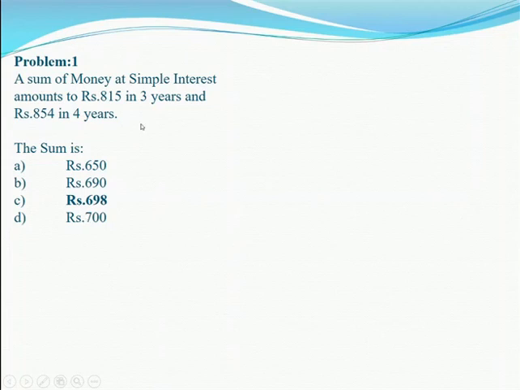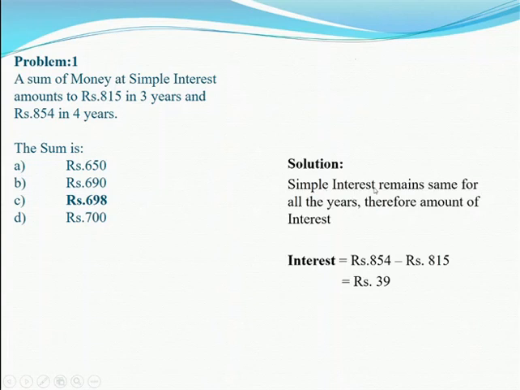So as we know that in case of simple interest, the amount of interest will remain the same from the year 1 up to all the succeeding years. Simple interest remains the same for all the years.